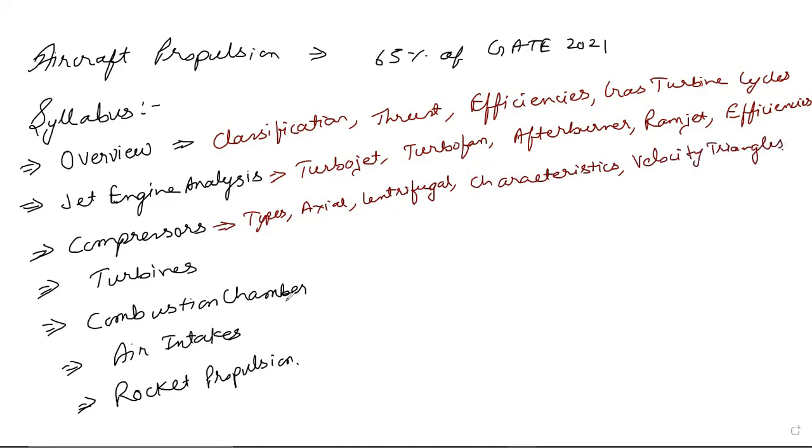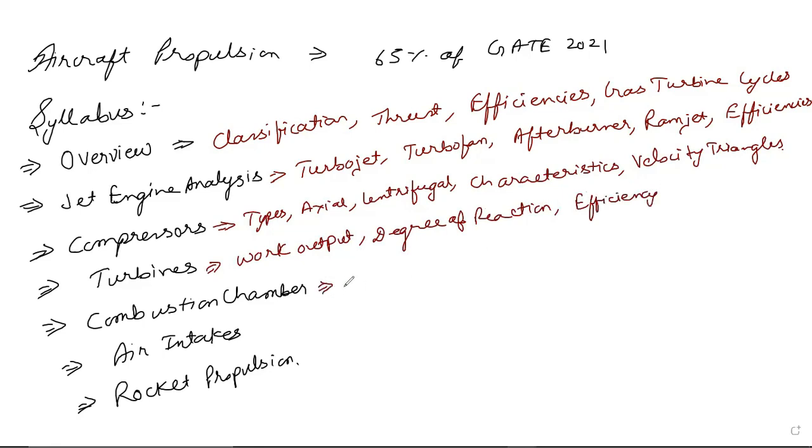The same thing is important in turbines also. It's basically about work output. Various other things are also there, but it's work output. Then we will see degree of reaction, then efficiency.